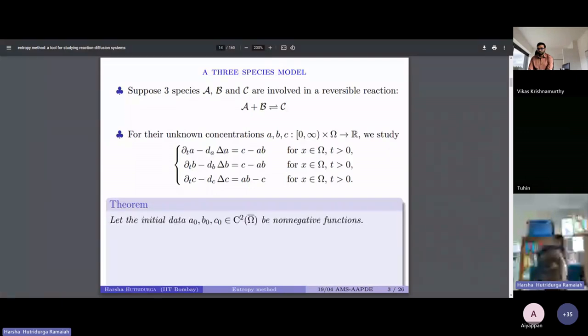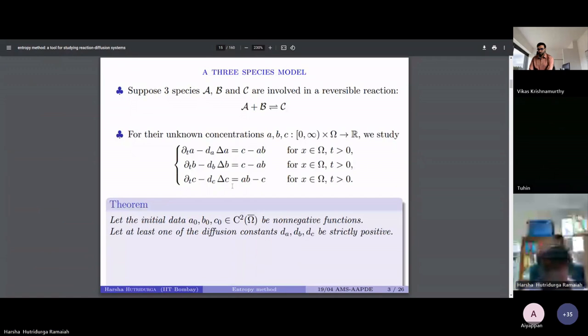It says that, okay, if you take this reaction diffusion system, this particular one, you feed it with initial data which is non-negative, and you have to give 3 functions. So if you give C2 functions as initial data to this problem, then you also assume that at least one of these diffusion constants is strictly positive, so that you are not working in the degenerate case of an ODE system, so that at least there is one partial differential equation in this system.